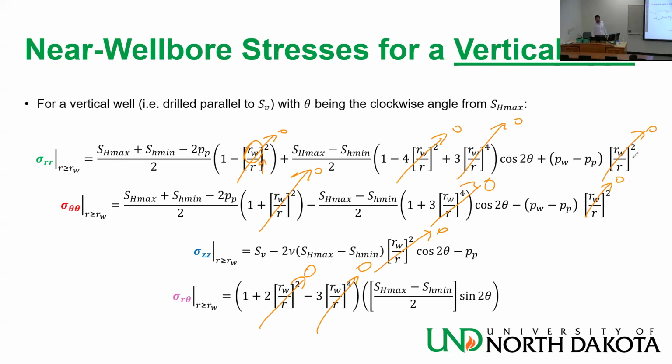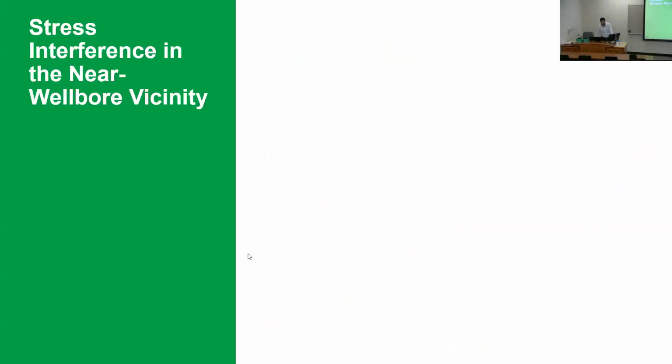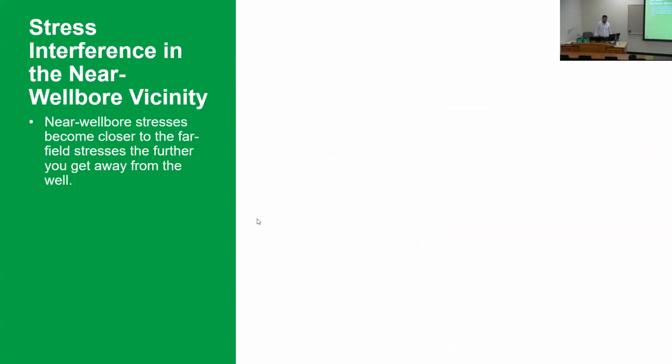So what happens now is something that you are gonna see better in the next slide, which is the spaces in the parking. If linear wellbore stresses become closer to the far field stresses, the further away you get from the well.